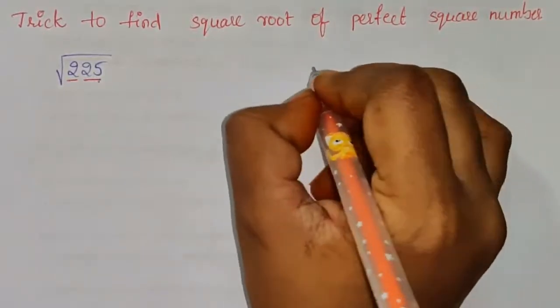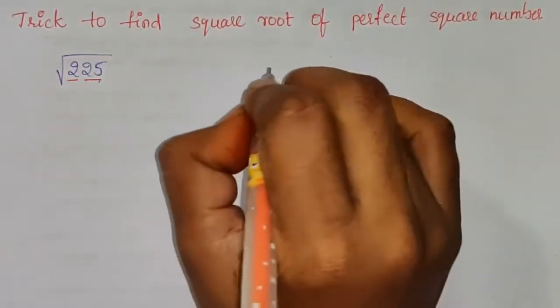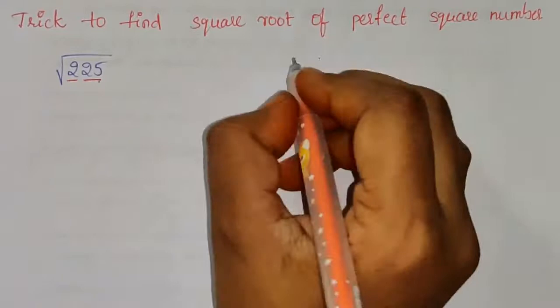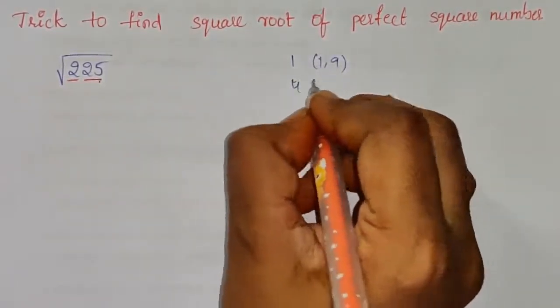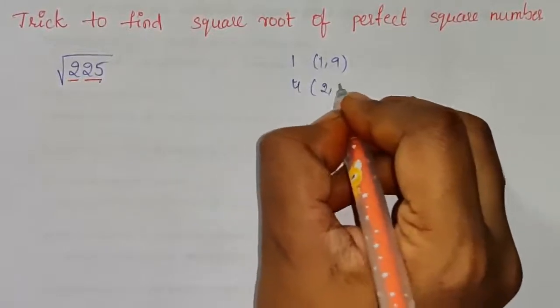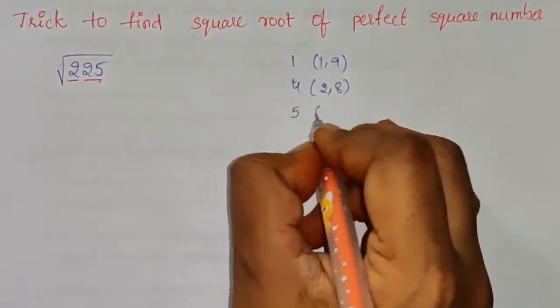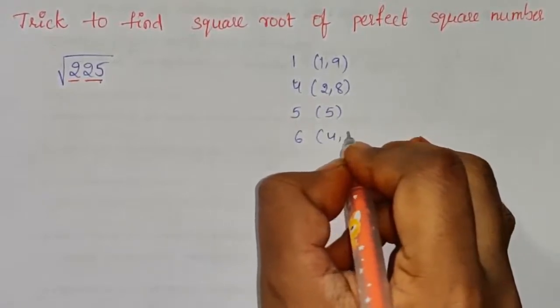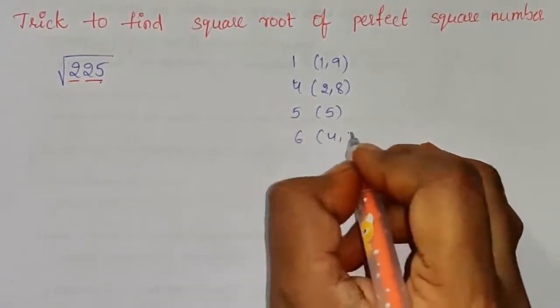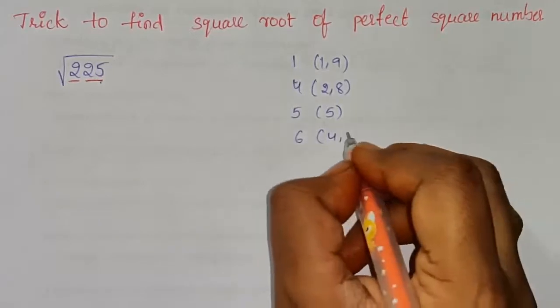We already saw before, at the beginning of the class, that 1 is for 1 and 9, 4 is for 2 and 8, 5 is for only 5, 6 is for 4 and 6.